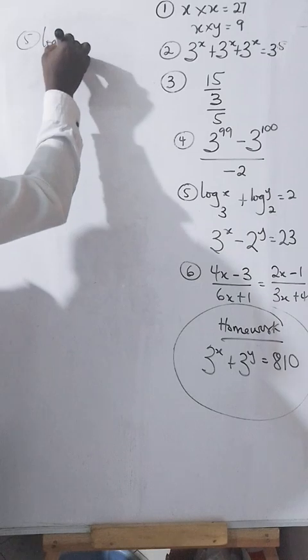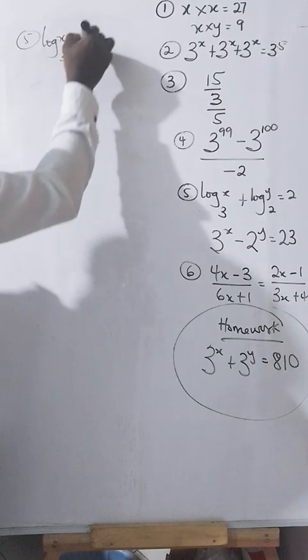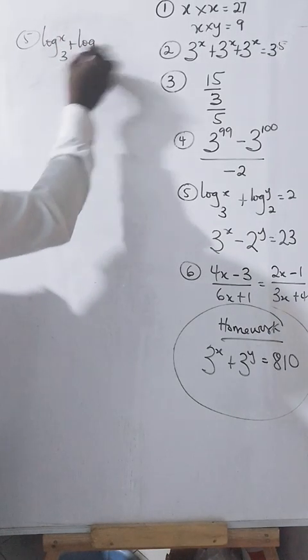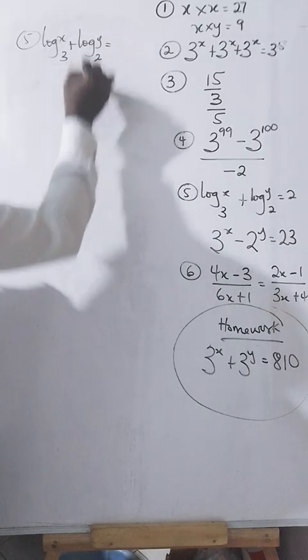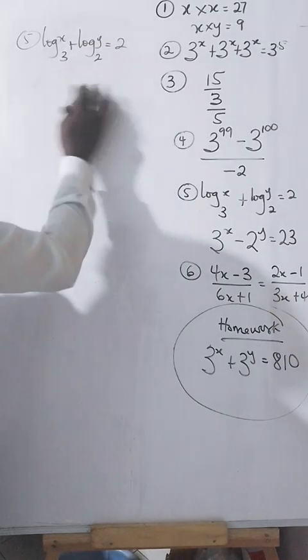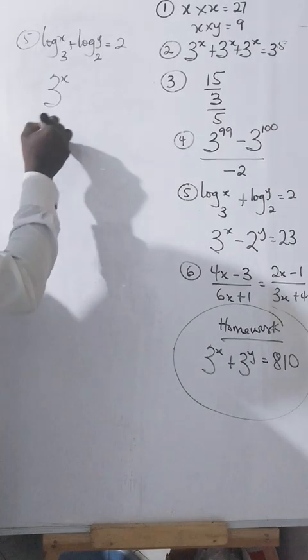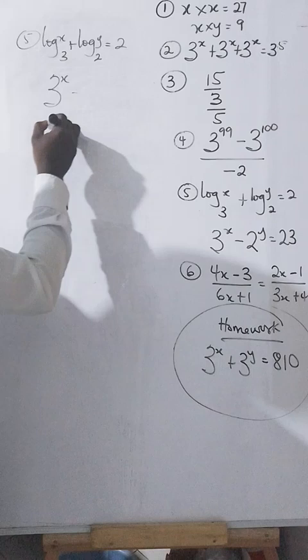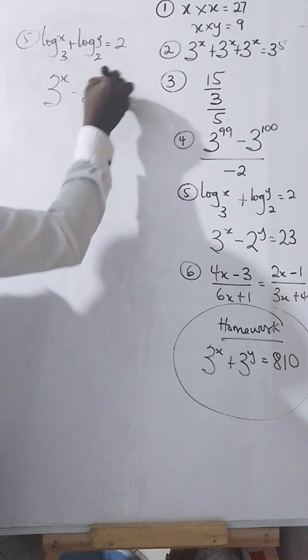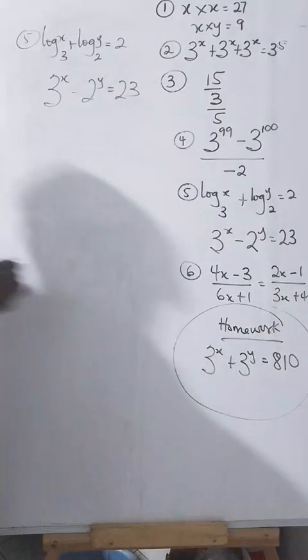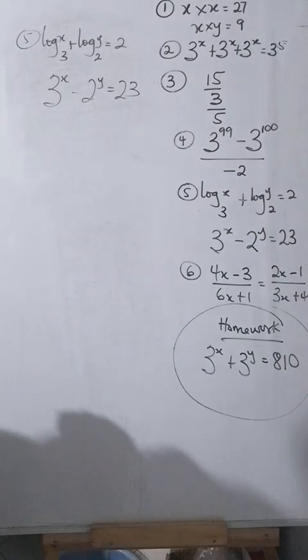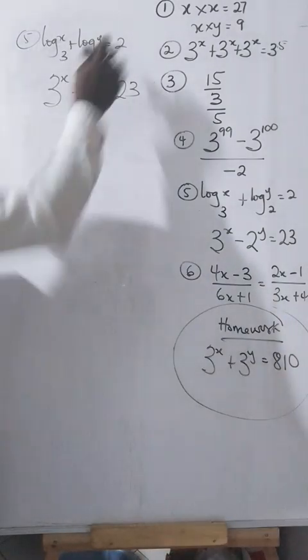Then we have 3 exponent x minus 2 exponent y equals 23. Right, so this is very simple. What we have to do is to expand this one, so log x base 3 plus log y base 2 equals 2.